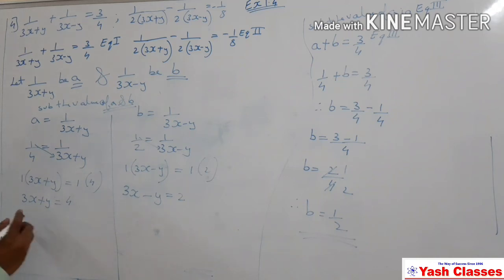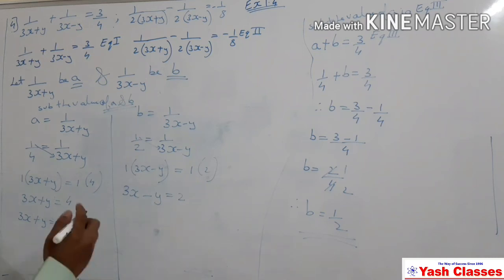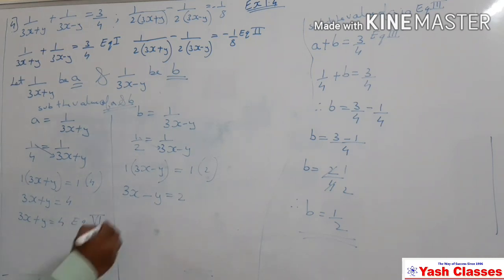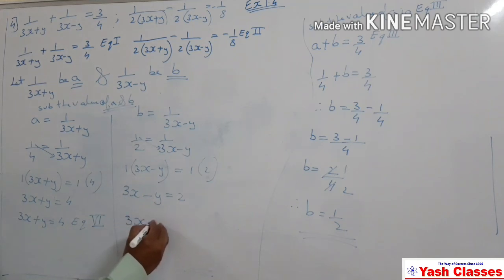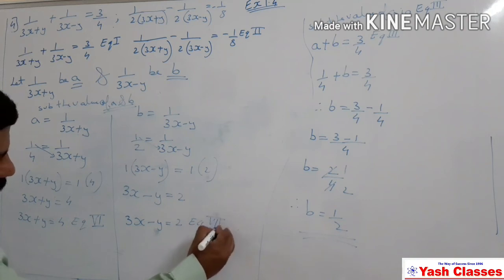Okay. Now arrange it. 3x plus y is equal to 4. Till 5 we have got, so this is equation number 6, and this 3x minus y is equal to 2 is equation number 7.